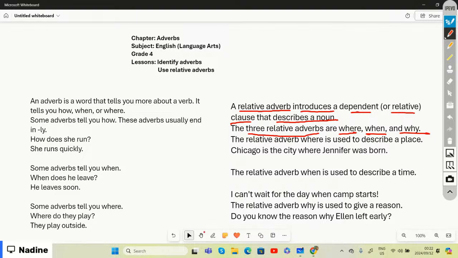And we are now going to look at the where, the when, and the why, right? When it comes to relative adverbs, relative clauses, right? The relative adverb where is used to describe a place. Where is the specific place.